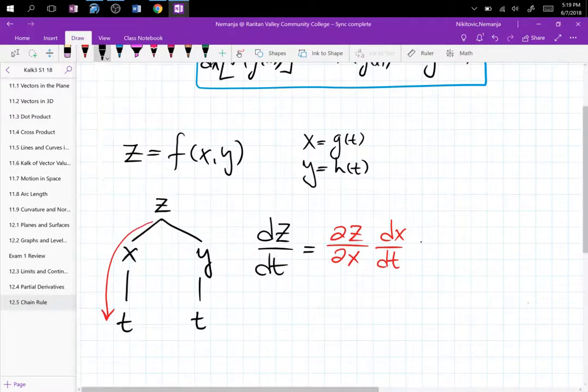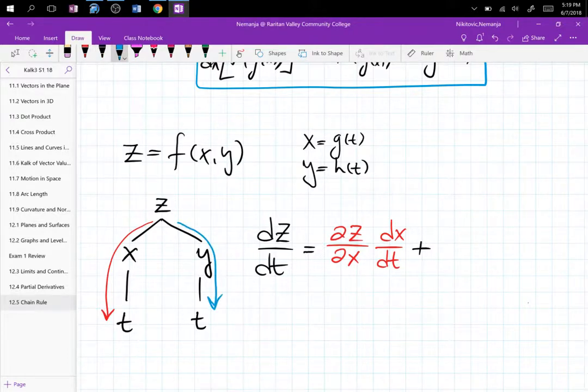Then we say plus, and then we follow the blue path towards t. I have again partial z, partial y, and then dy dt with regular d's because it's a straight through.